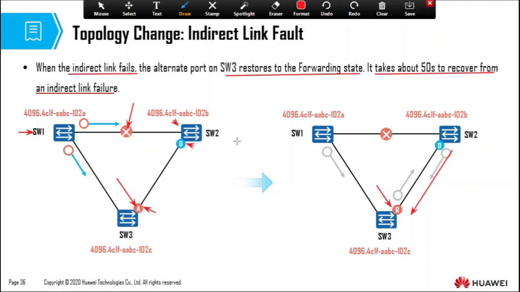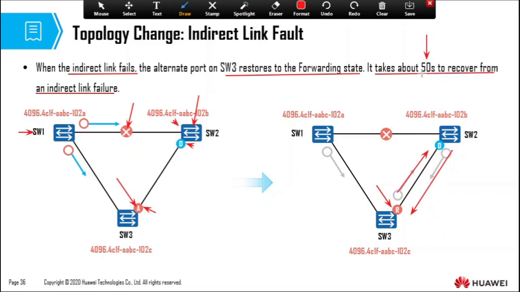So it's going to transition from blocking state to forwarding state so that it can forward configuration BPDUs to switch 2. Again, that will take 50 seconds because there's the maximum age expiration, 20 seconds, then the transition from alternate to forwarding state, which also takes a maximum of 30 seconds.